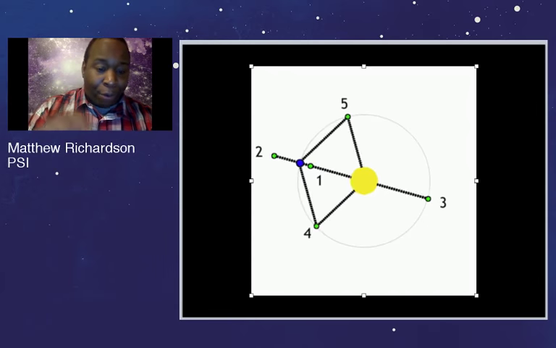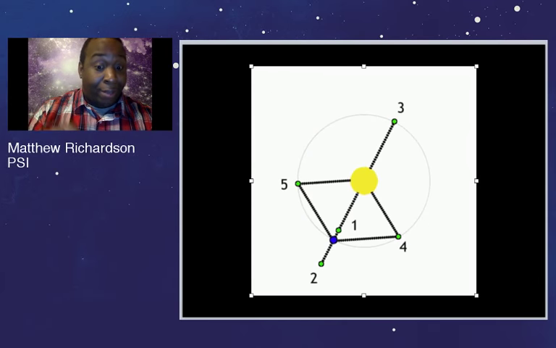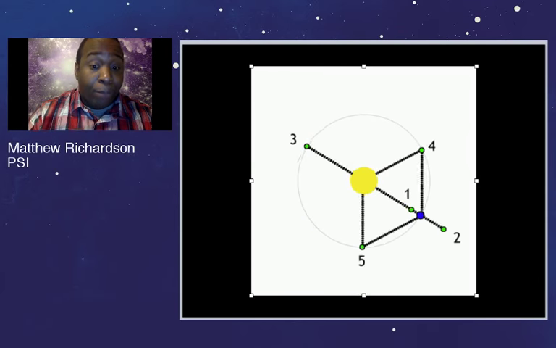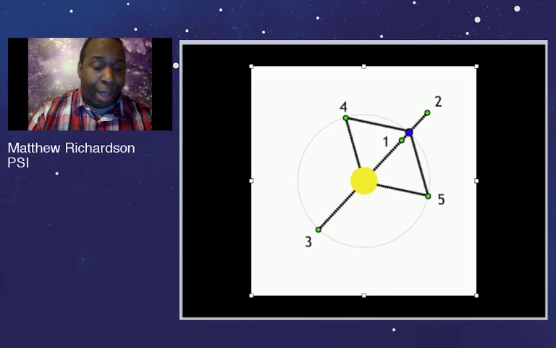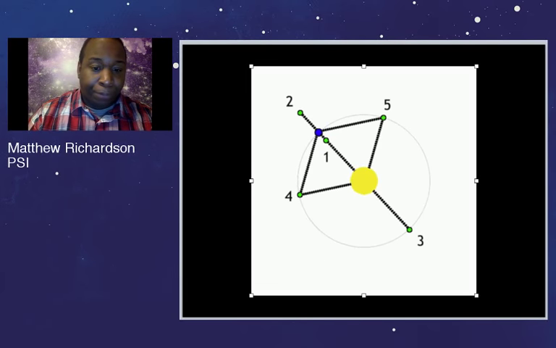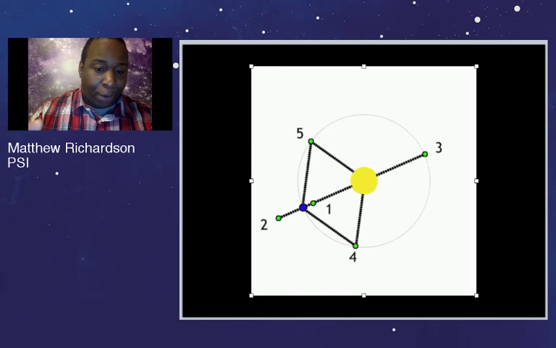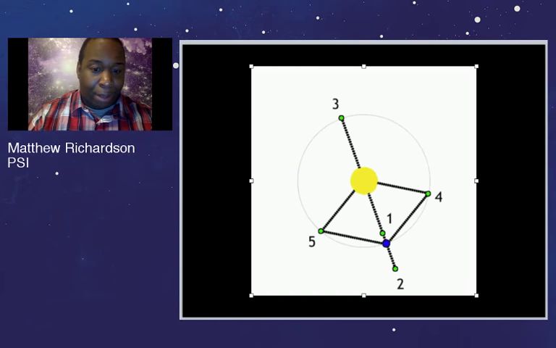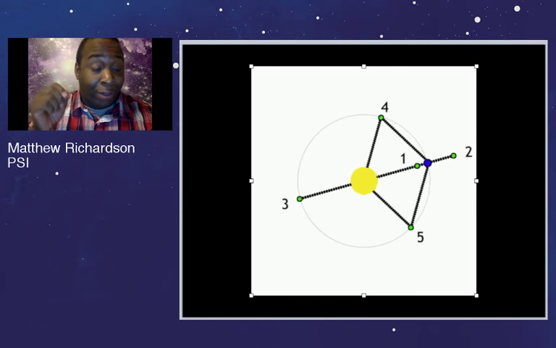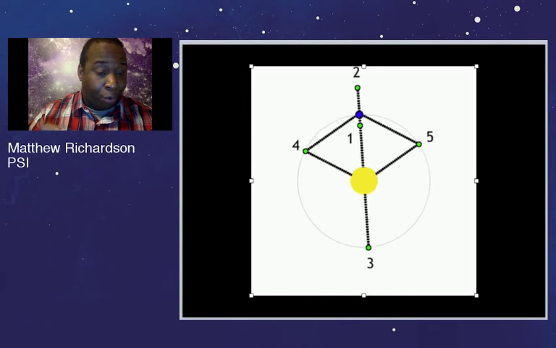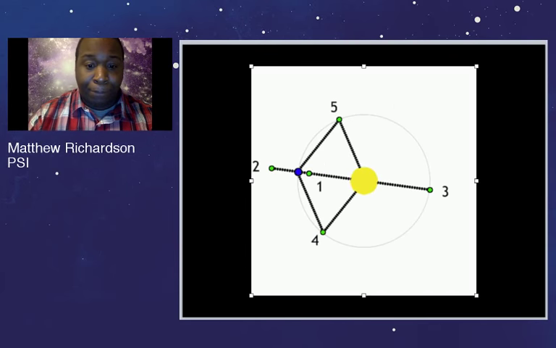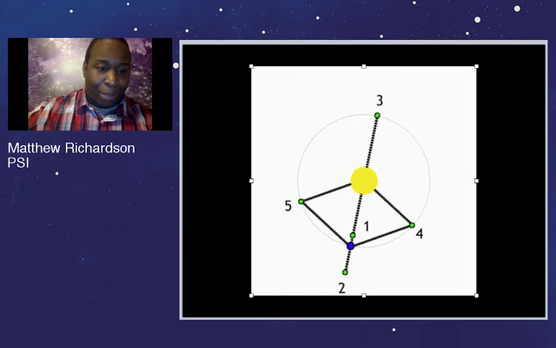Points 3, 4, and 5 will all have the same angular velocity, and so will points 1 and 2. The only difference with points 1 and 2, given their physical separations from the sun in this animation, is that they will have different linear velocities because of their different orbital separations. And that was the correction I wanted to quickly make.